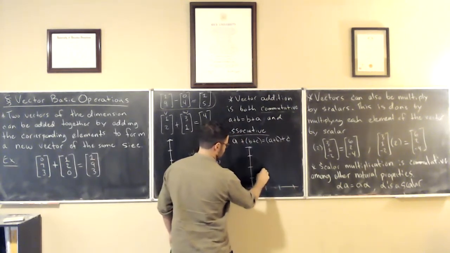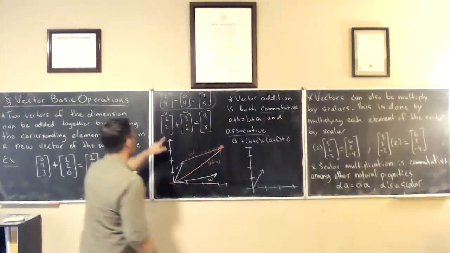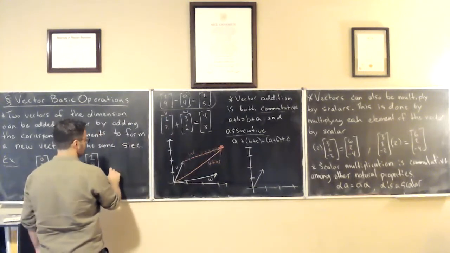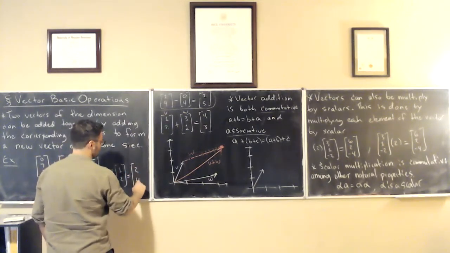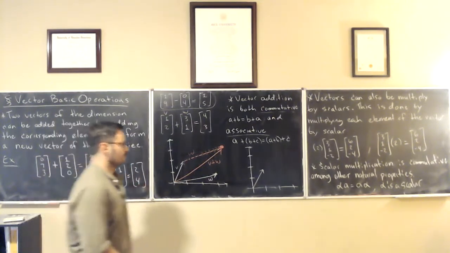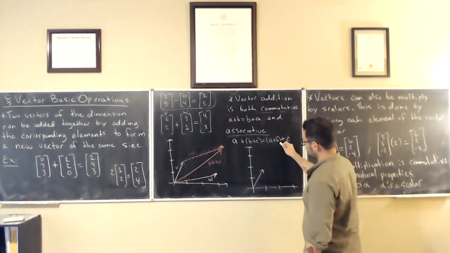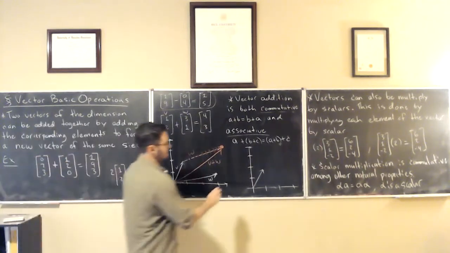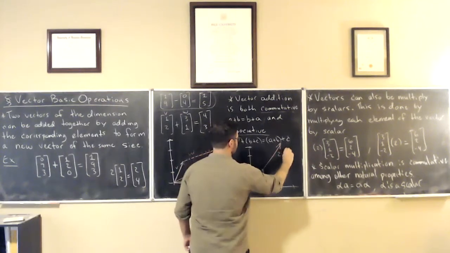And if I multiply this vector by 2, 2 times that vector results in that vector. So where does that land? 1, 2, 1, 2, 3, 4. Basically, in this picture here, it doubles the length. So if this was v, this is 2v.